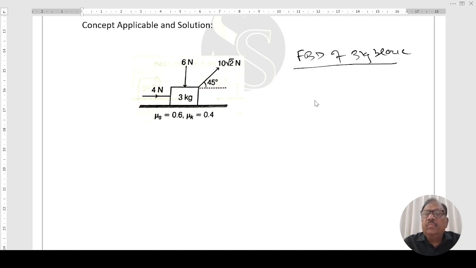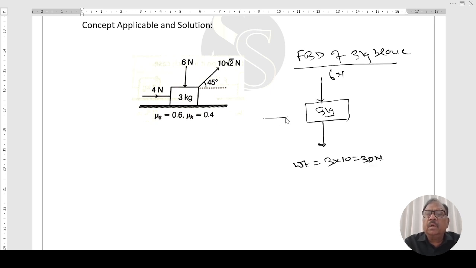One force is acting vertically downward, 6 Newton. Weight will act downward, that is 3 into 10, 30 Newton, mg.